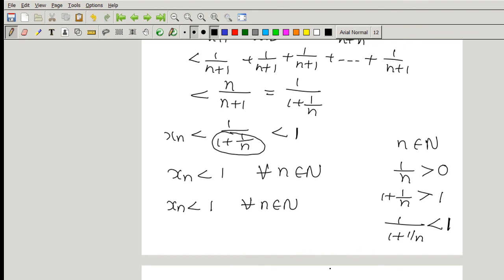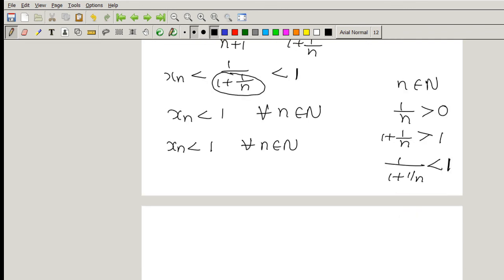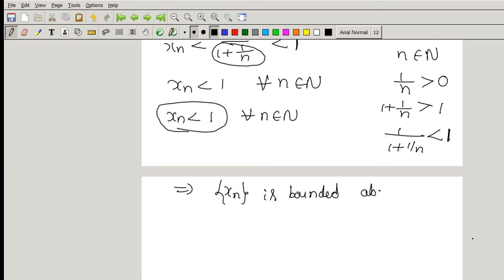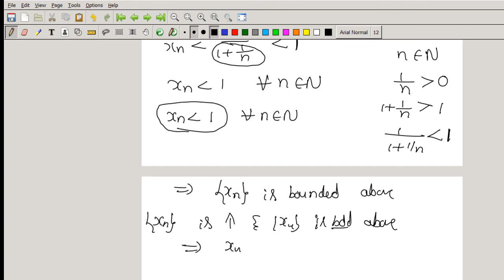If every term in a sequence is less than some real number and this result holds, the sequence is said to be bounded above, which implies xn is bounded above. xn is monotonically increasing and bounded above. This result satisfies, which implies xn is always convergent.